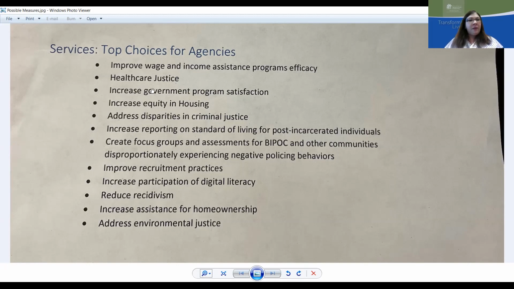All right. And then healthcare justice would be number 2. So if that one would be important to you, please put that 2 in the chat for healthcare justice, so I know. And then the next one is increase government program satisfaction. If that's one of your top, could you put a 3 in the chat?